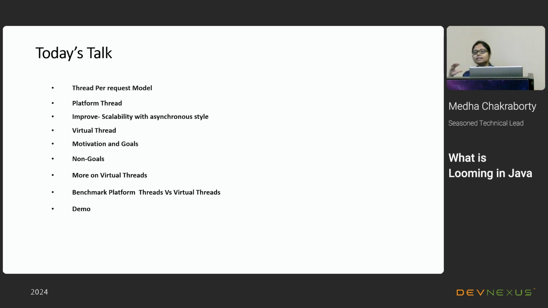Then we will finally talk about virtual threads, its motivation and what it is, its goals, and what its non-goals are. And then we will slowly dive into more details of virtual threads, and we will see the benchmark of virtual threads and platform threads, and I will end with some demo.